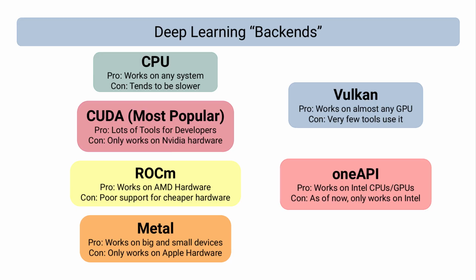The next one I want to go over is CUDA. Now, CUDA was made by NVIDIA, and it's made specifically to work on NVIDIA hardware. It's been out since the mid 2000s, so it has a very long and rich history, and it has lots of support from NVIDIA themselves, and it's extremely popular among developers.